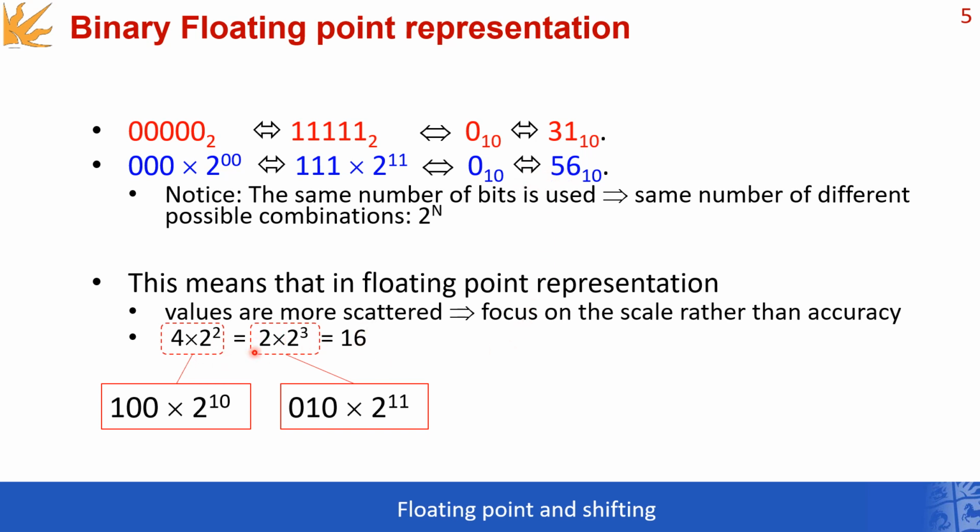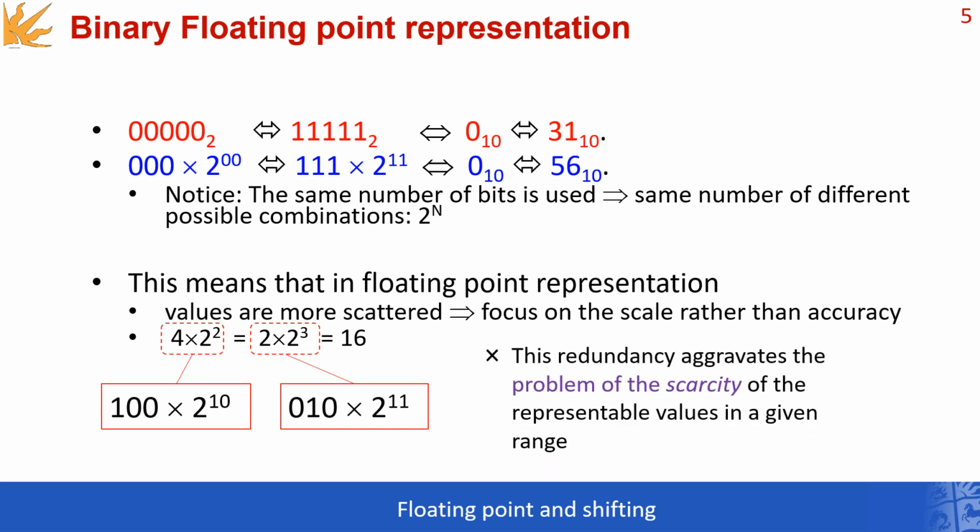And even worse, you've got numbers like 16, which can be represented in 2 different ways. In this first way, we're using 4 as our mantissa and 2 as our exponent, while in this case, we're using 2 as our mantissa and 3 as the exponent, and they both represent exactly the same number.